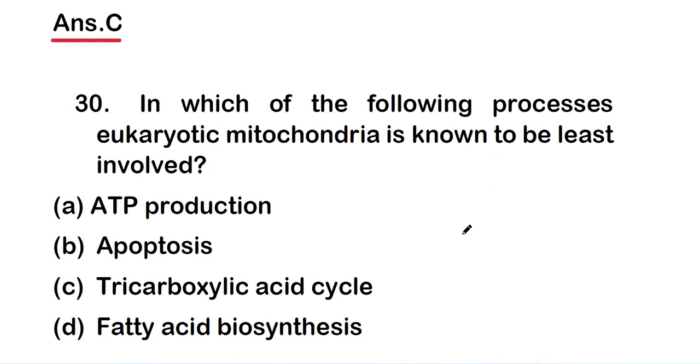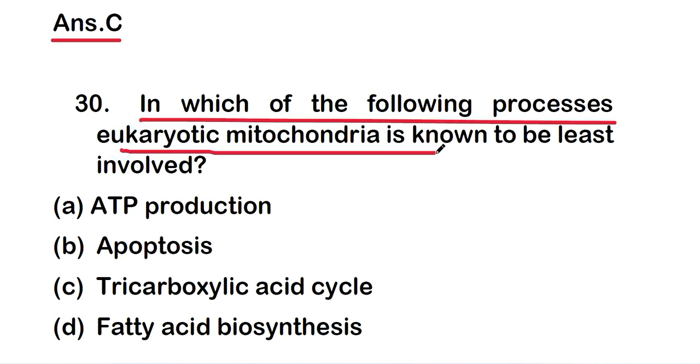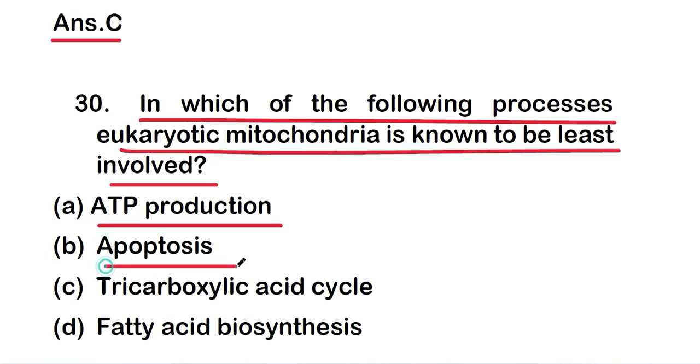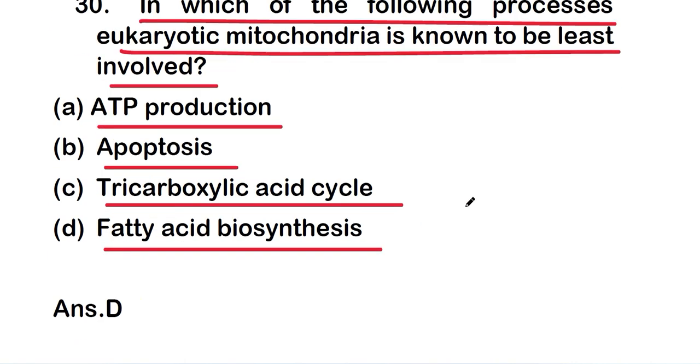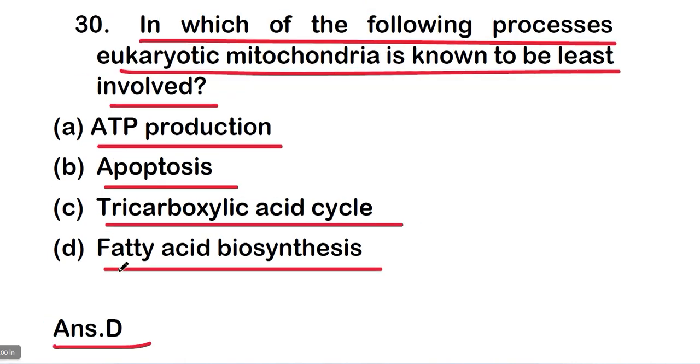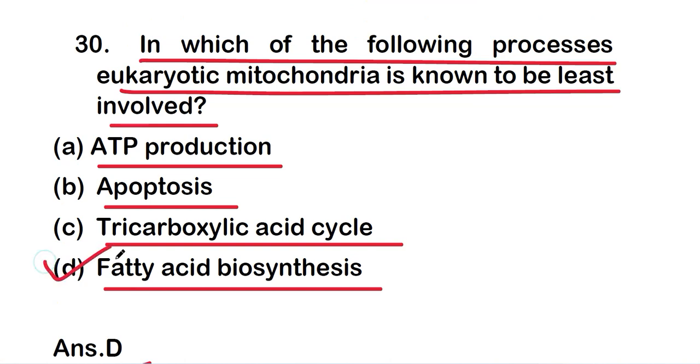Okay, so next question is, in which of the following processes eukaryotic mitochondria is known to be least involved? So the options are option A ATP production, apoptosis, tricarboxylic acid cycle, or fatty acid biosynthesis, and the right answer is option D, that is fatty acid biosynthesis.